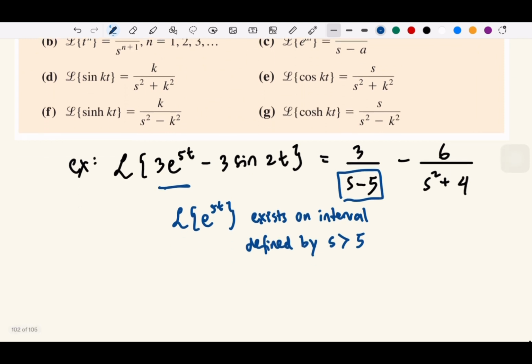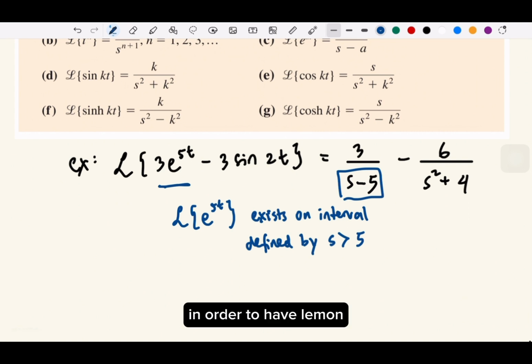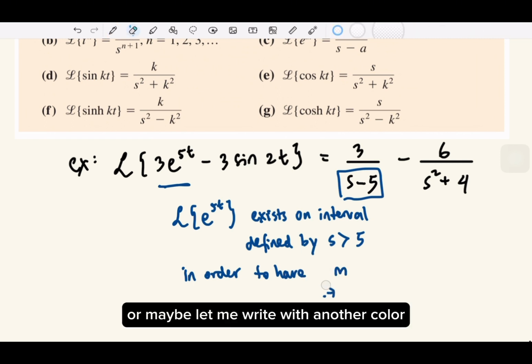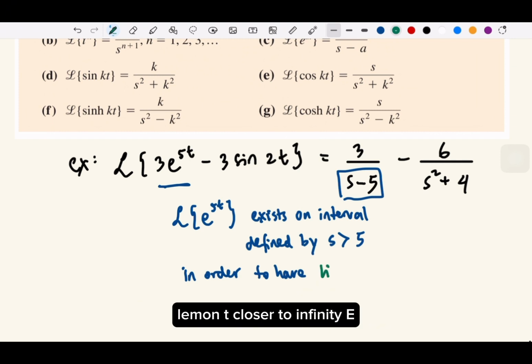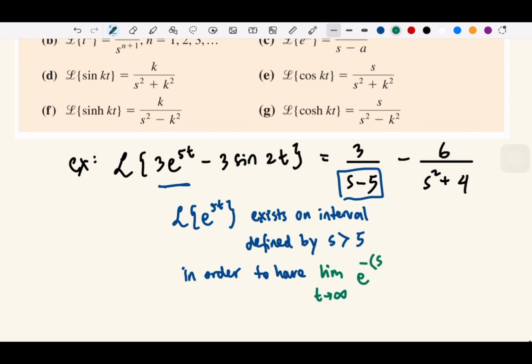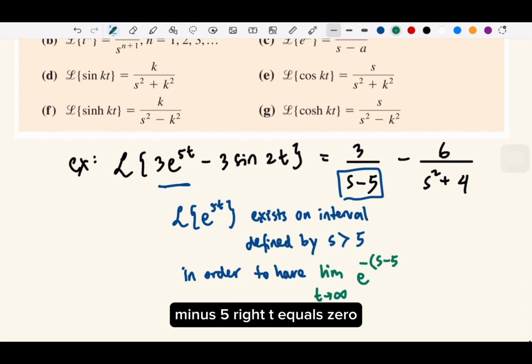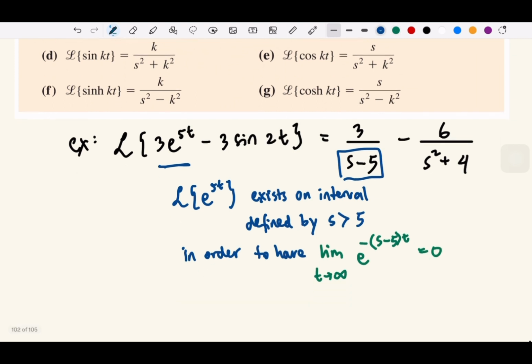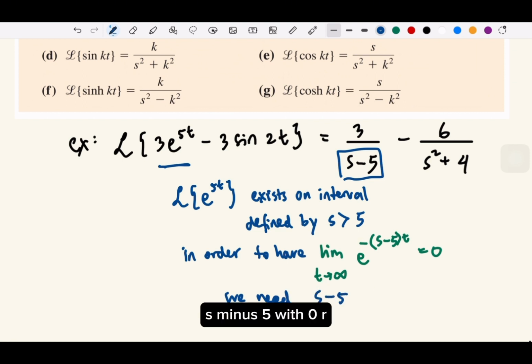Because in order to have the limit as t goes to infinity of e to the negative (s minus 5)t, with t equals 0, we need s minus 5 greater than 0.